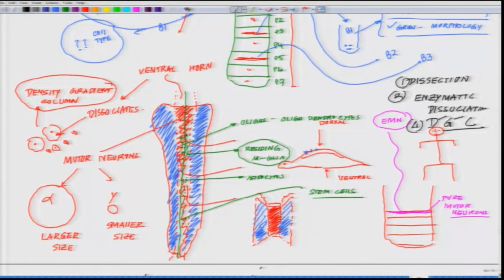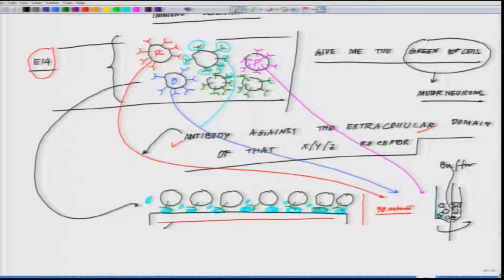D stands for density, G for gradient. Then from there you can do immunoseparation. You see all these different steps by virtue of which you can get a very, very pure population of the cell of your choice. So this is how you achieve this very interesting feat.